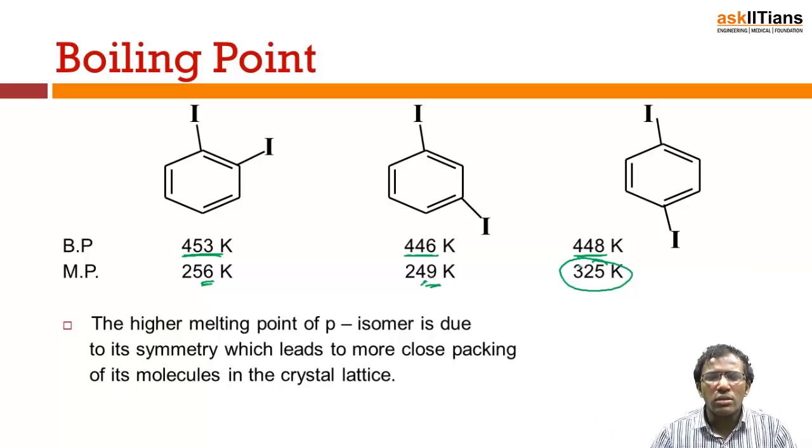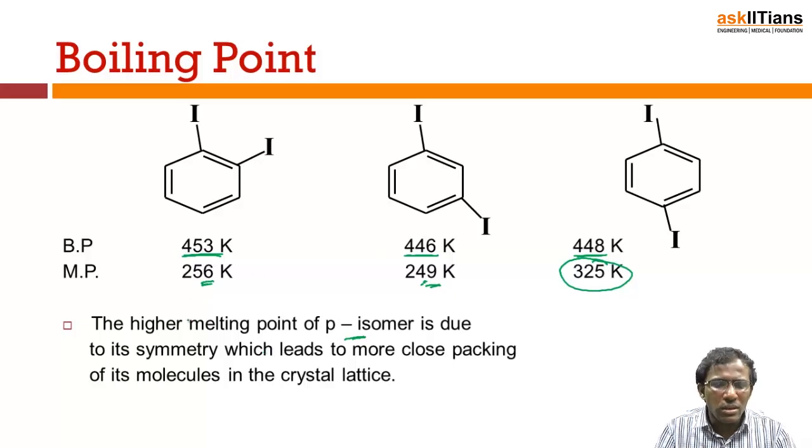The reason is simple. The melting point depends upon how the molecules are arranged in their crystal lattice, how closely and how effectively they are packed. The high melting point of the para isomer is due to its symmetry. If the molecules are symmetrical, it is easy for them to have a more closely packed structure.